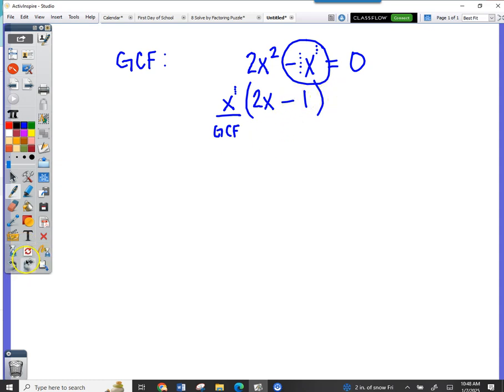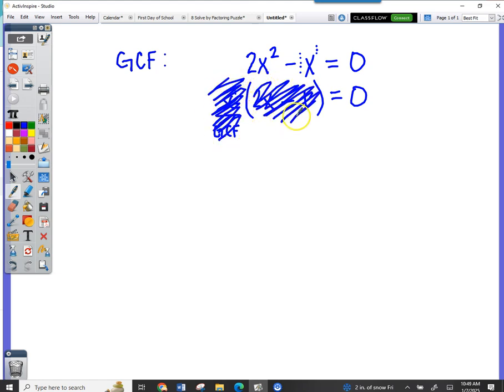Let me bring down my equals 0. Now, before the break, we learned something about anytime you have this times this equaling 0. What does that tell me about these two pieces? What's the only way to multiply two things together and get 0?